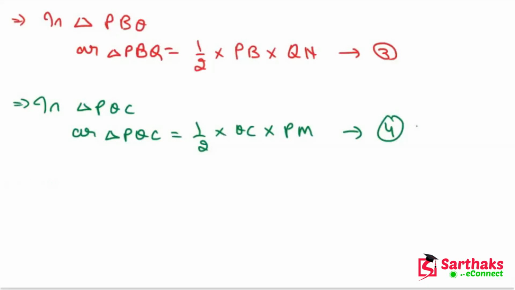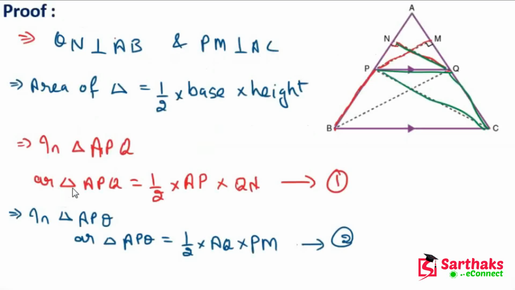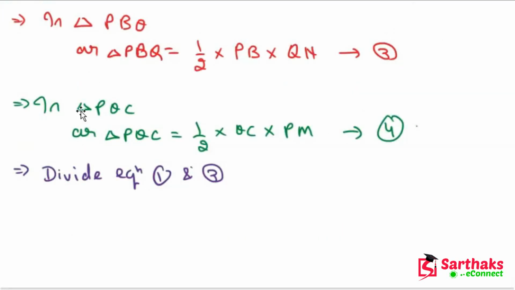So now, let's see the basic purpose of finding these areas. Divide equation 1 and 3: the area of triangle APQ divided by the area of triangle PBQ.